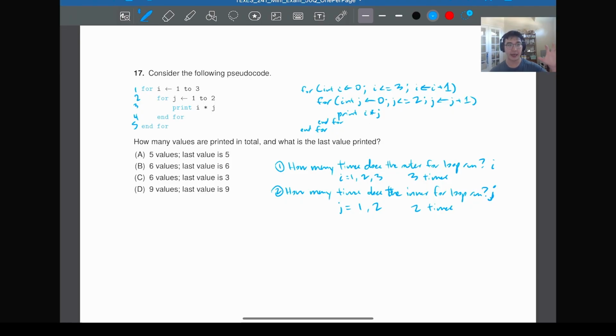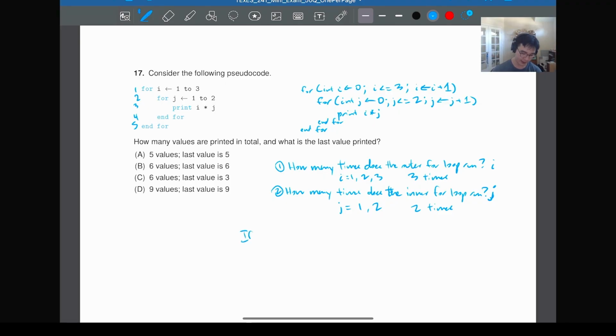Or is it that the outer loop runs 3 times and then the inner loop runs 2 times? Which one is it? Well, thankfully, we have our indentation to help us know that the inner for loop is inside the outer for loop.